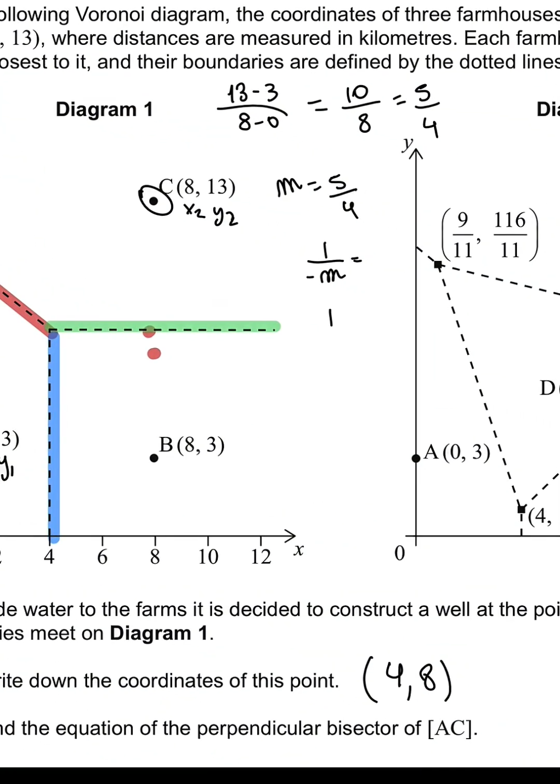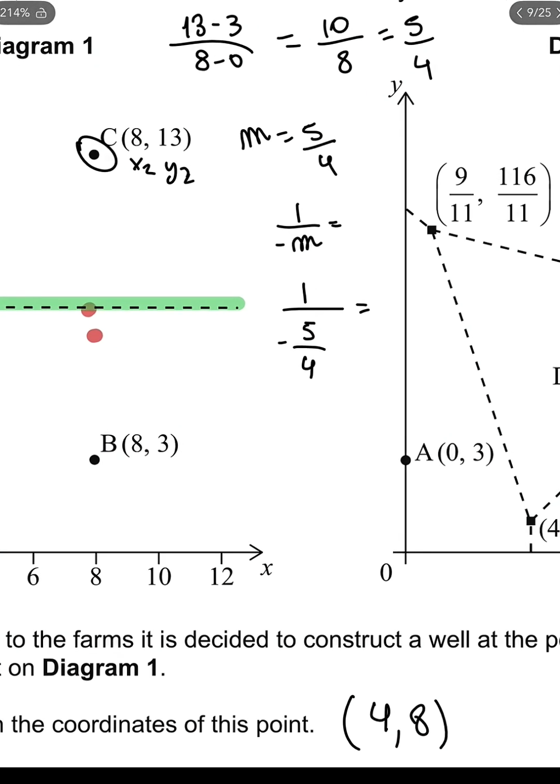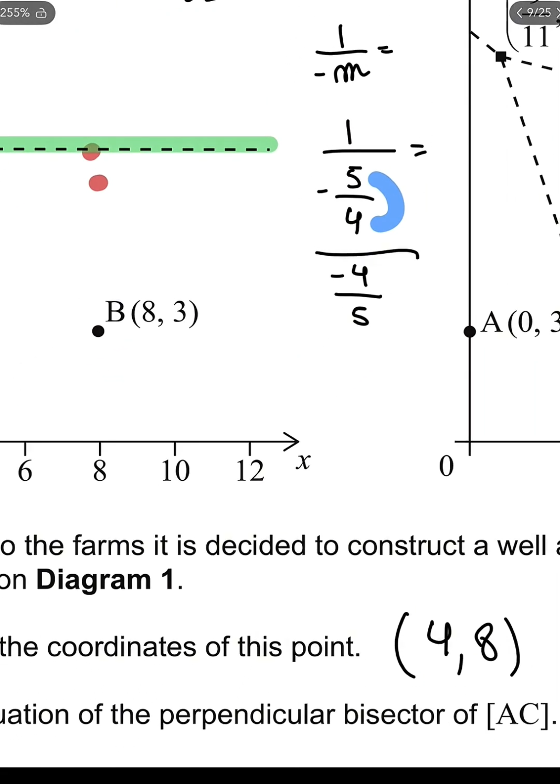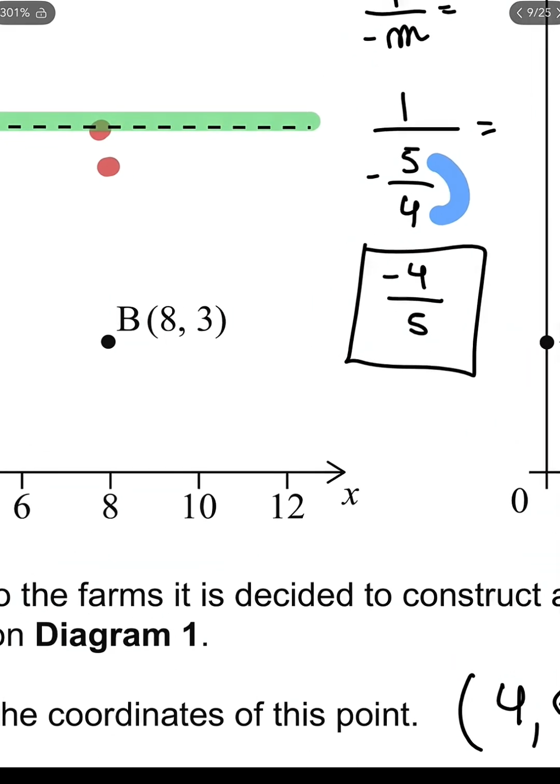So it's 1 over negative 5 over 4, which, if you use your calculator, or you just understand that when it's 1 over something you just flip it, you get negative 4 over 5. By checking on the calculator, which you can use anytime in the test, you'll find negative 4 over 5. So that's your gradient on the perpendicular bisector.